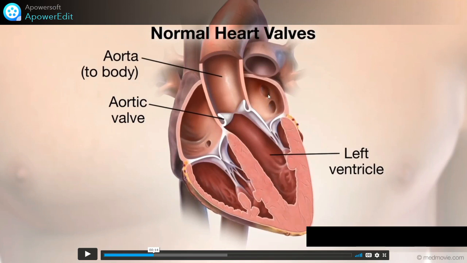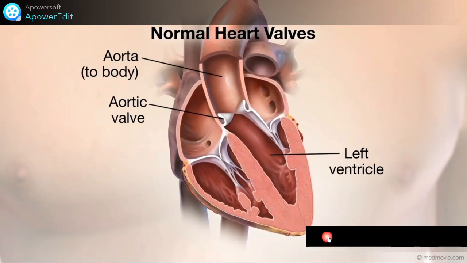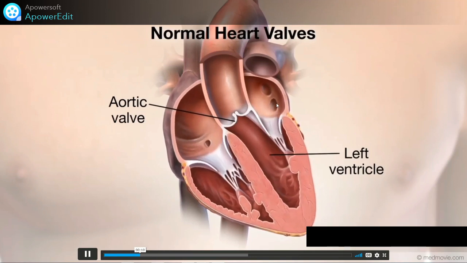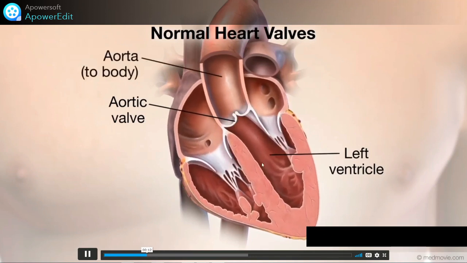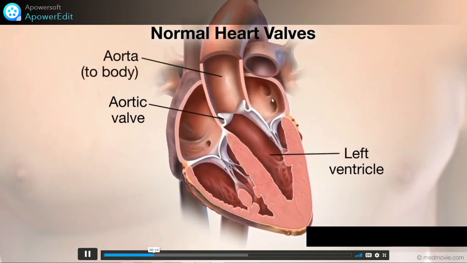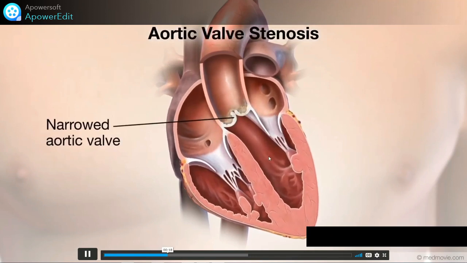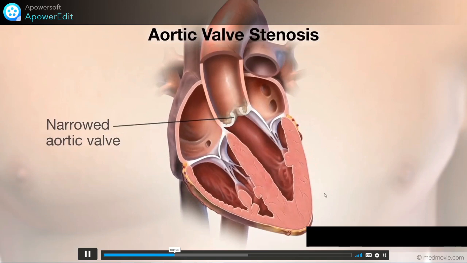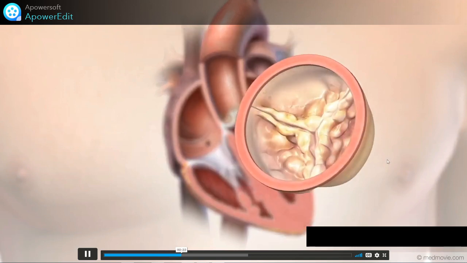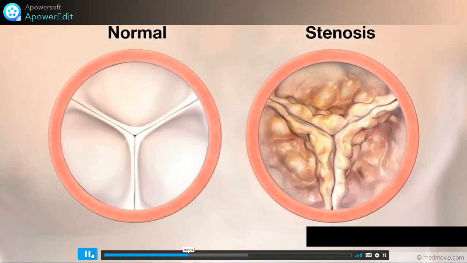It comes here and goes to the aorta, to the body. This is the cardiac cycle, where the flow is one way.